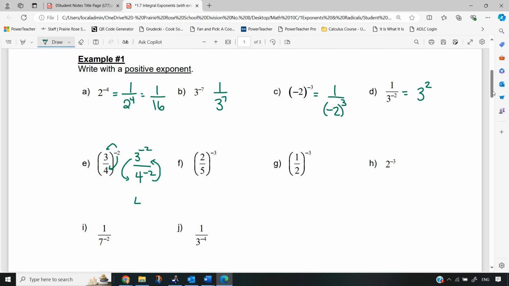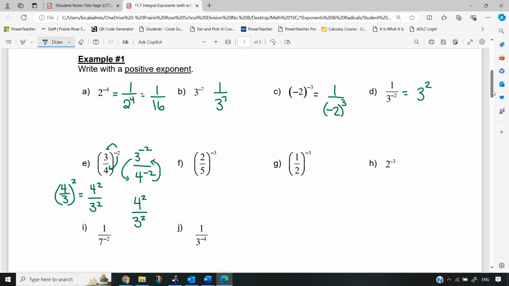So that's going to give me 4 squared all over 3 squared. Another way to do that is to just flip the fraction. So I can change the 3 over 4 to 4 over 3, and that will automatically make my 2 positive, and then I can distribute afterwards. So that would give me 4 squared all over 3 squared. So we can flip first and then distribute, or we can distribute and then flip.